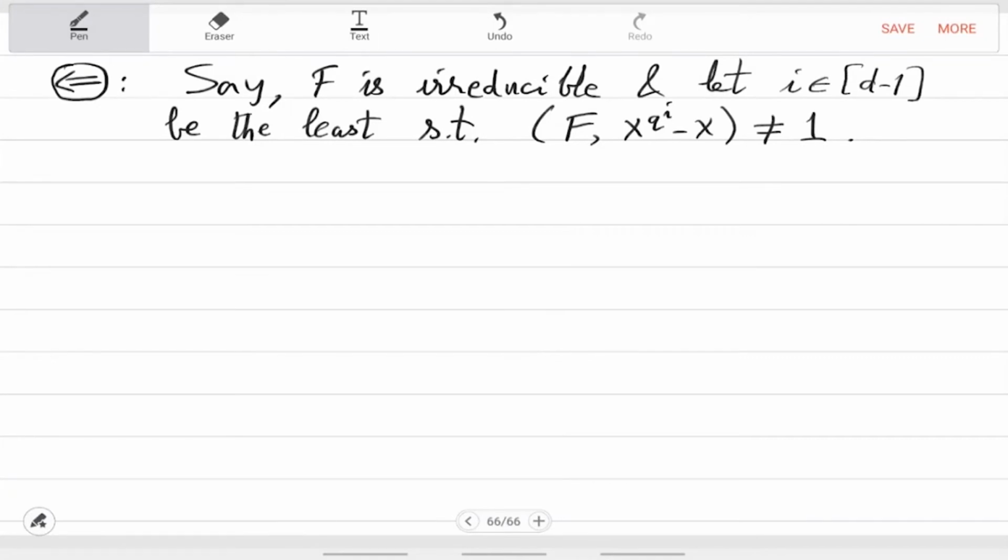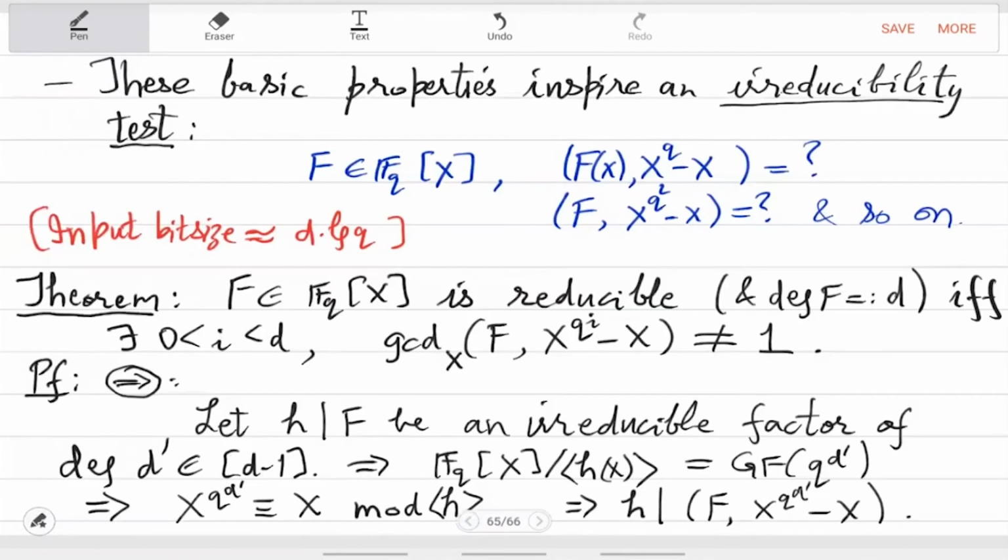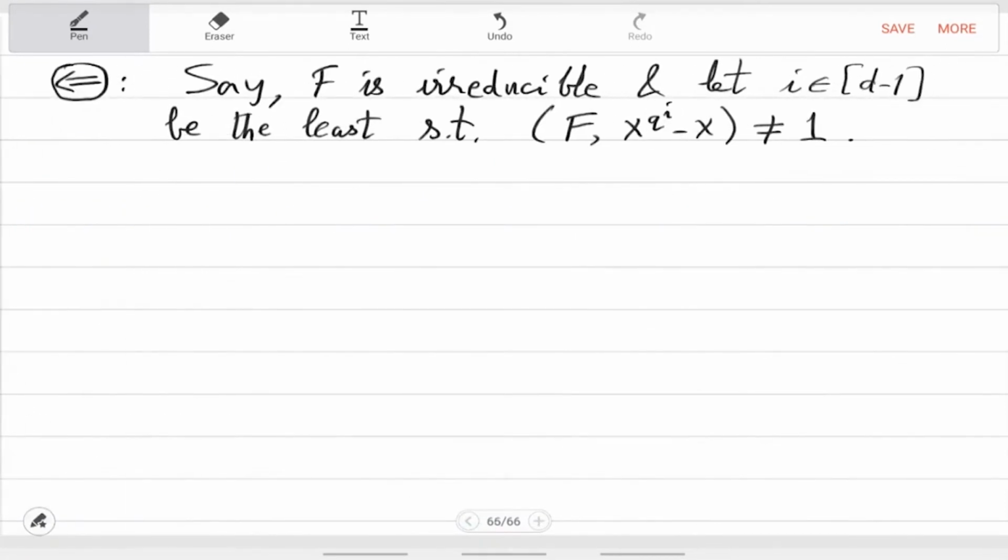So we actually intend to get a contradiction. We are assuming that big F is irreducible, and we are assuming that the GCD is not 1 for some i. So if we get a contradiction, then we are done, right? So let's see what the contradiction is.